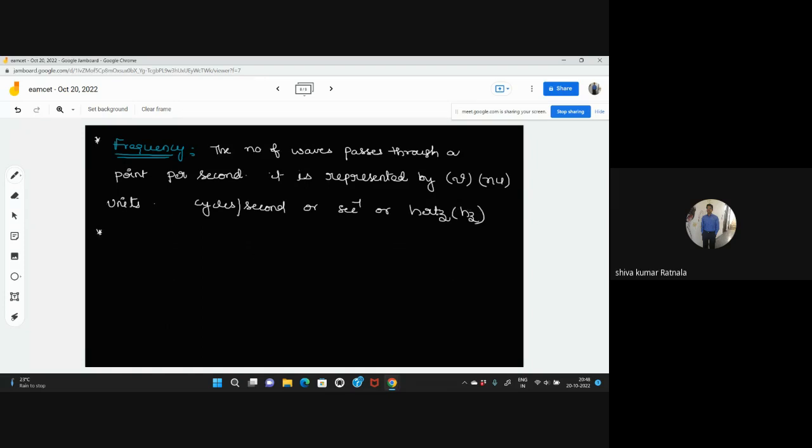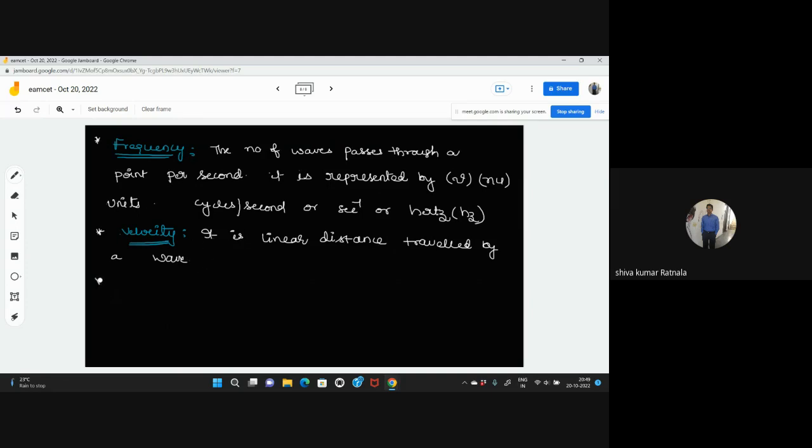And next one is velocity of a wave. Velocity means the linear distance traveled by a wave. Okay, like the velocity of light.